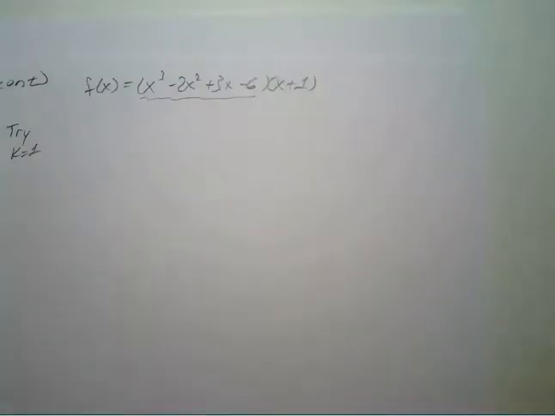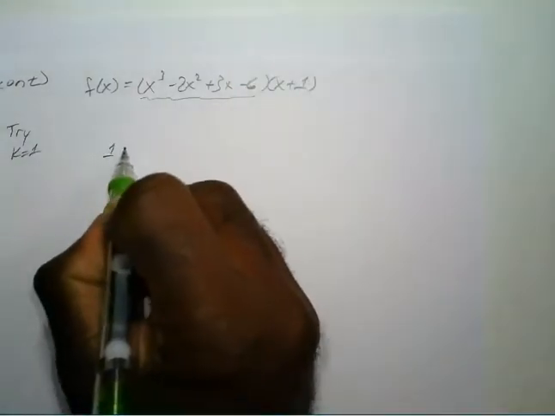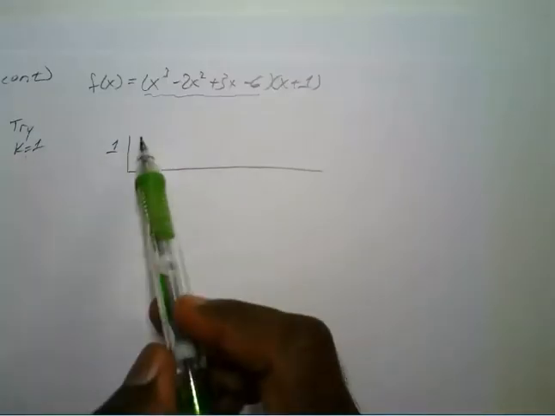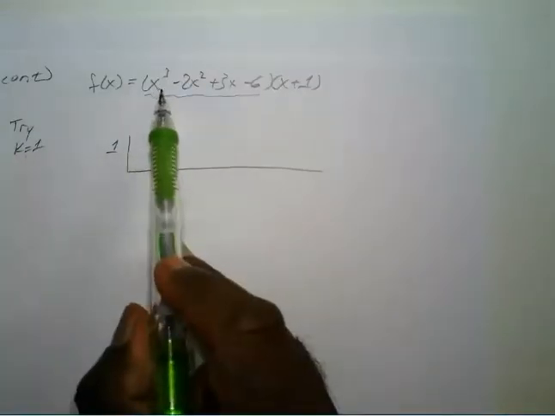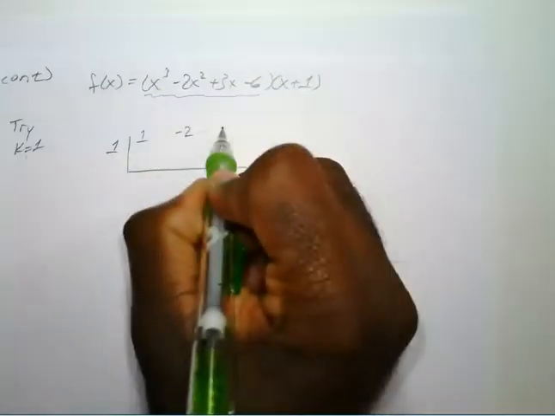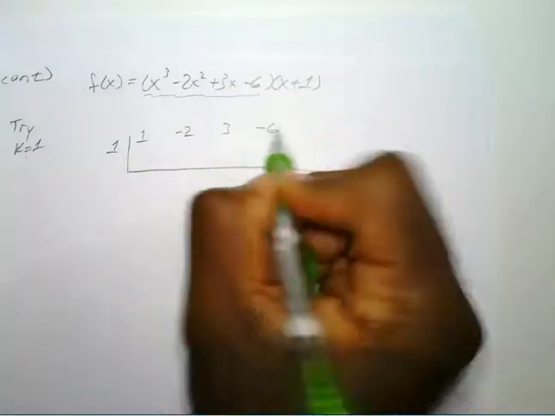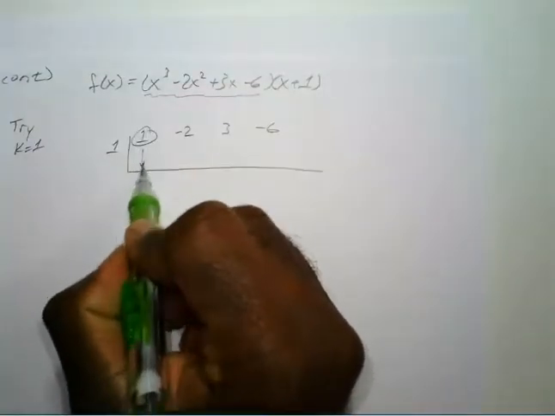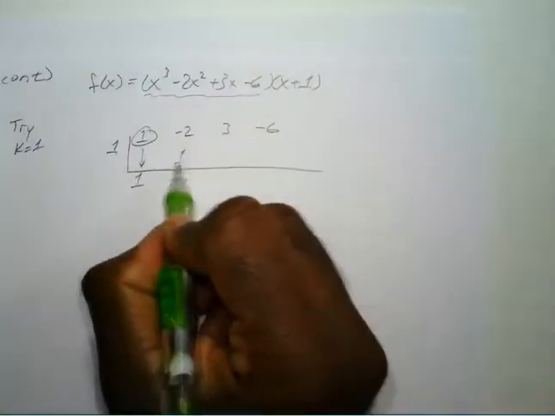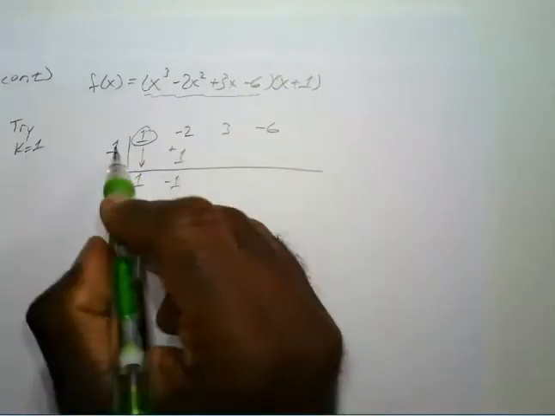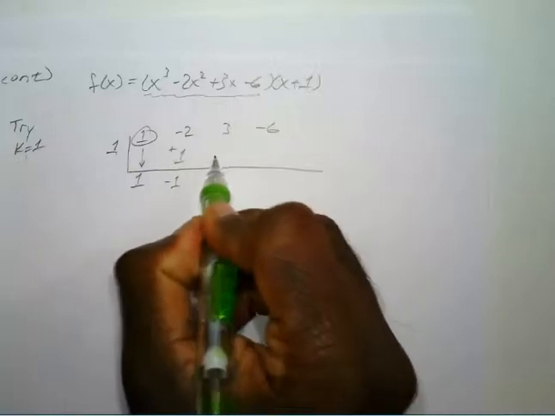So we try k equals positive 1 in this case. Now we don't use the coefficients from before. We use these coefficients: 1, -2, 3, and -6. We bring down the 1. 1 times 1 is 1. Add those together, we end up with -1. 1 times -1 is -1.